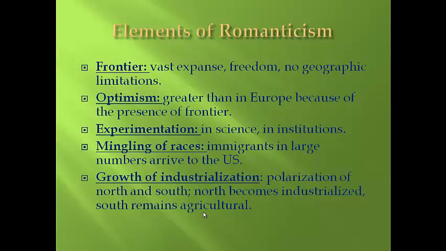The next one is optimism, greater than in Europe because of the presence of the frontier, because of the revolution, experimentation in science and institutions, and mingling of races. Immigrants arrived in large numbers to the US after they got their independence, along with growth of industrialization. Then, polarization of North and South: the North becomes industrialized, the South remains agricultural.